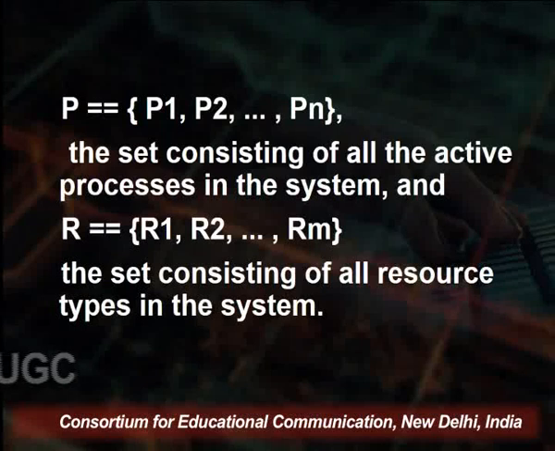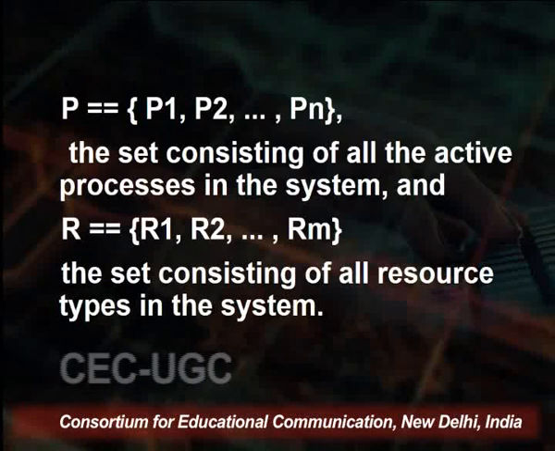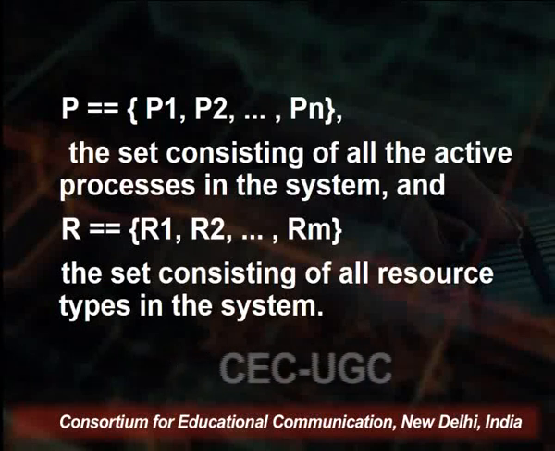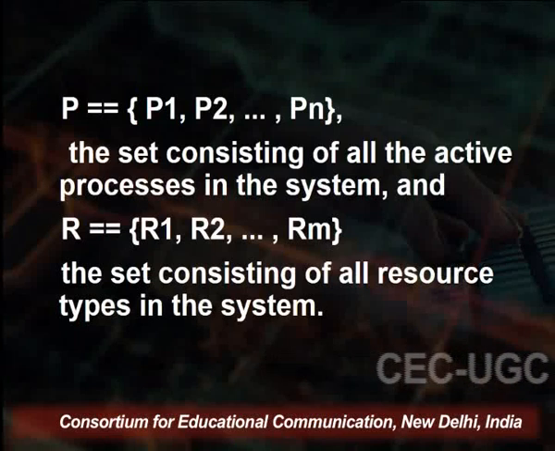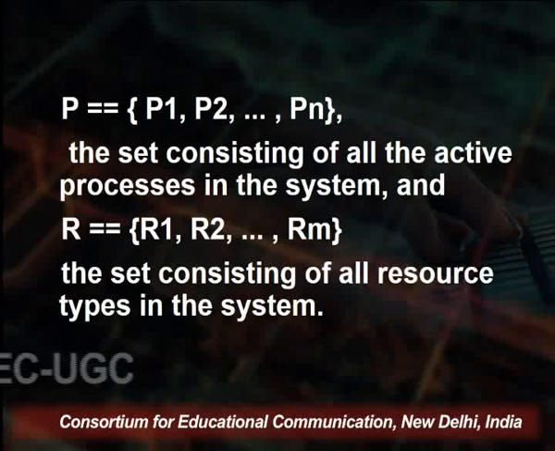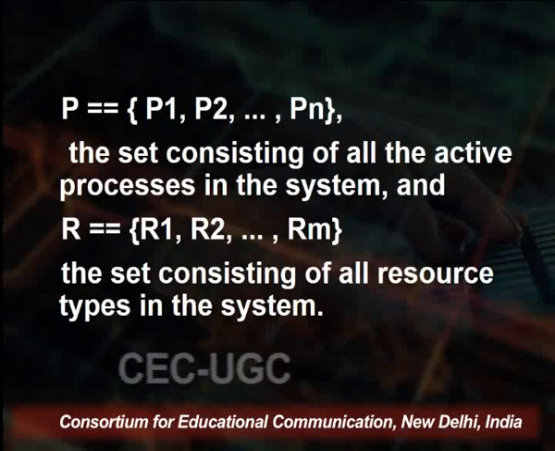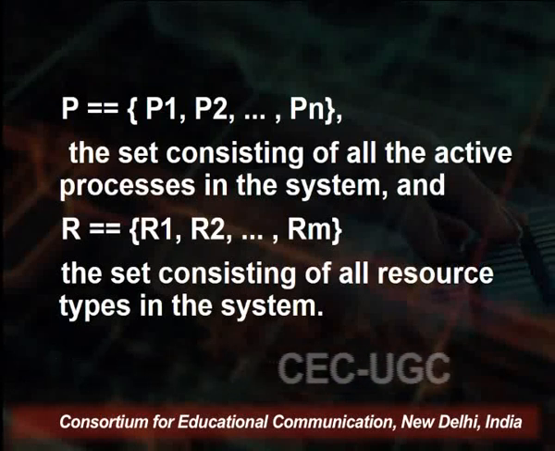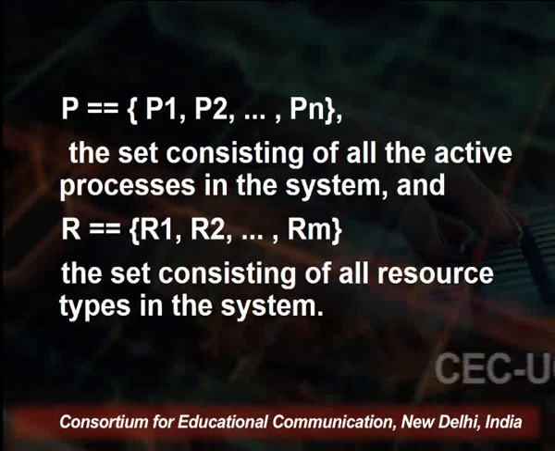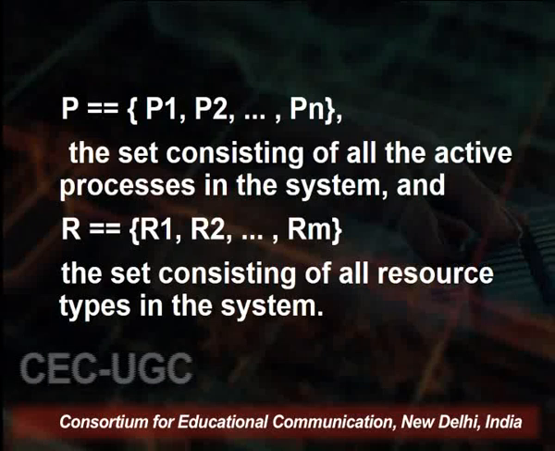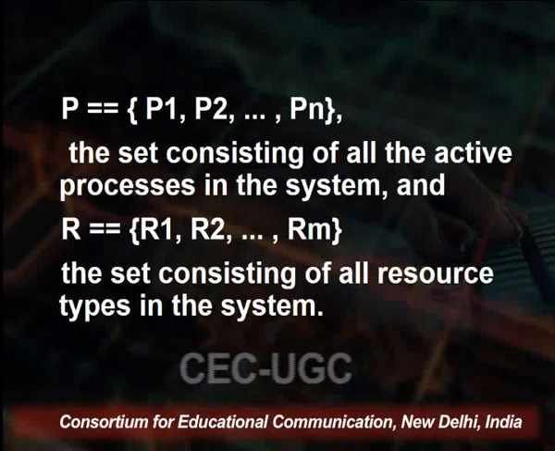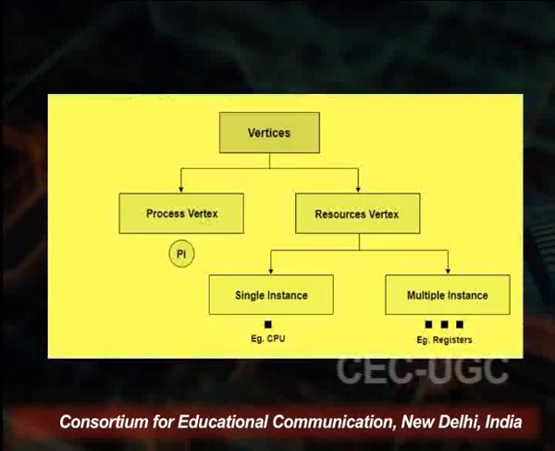P is the set of all active processes, from P1, P2 till Pn, and R is the set of all resource types in the system, R1 to Rm. So basically there are two types of vertices in this resource allocation graph: P for processes, and R for resources.